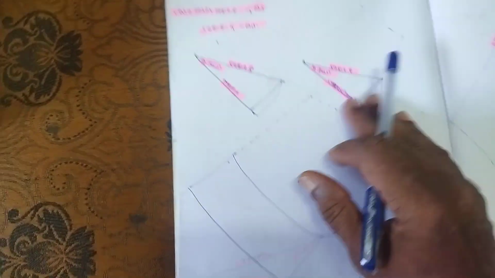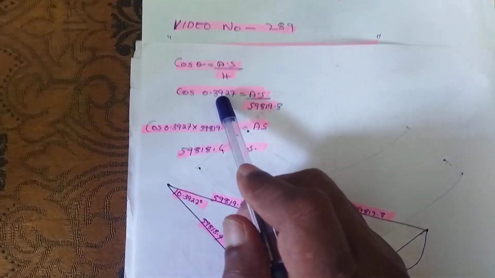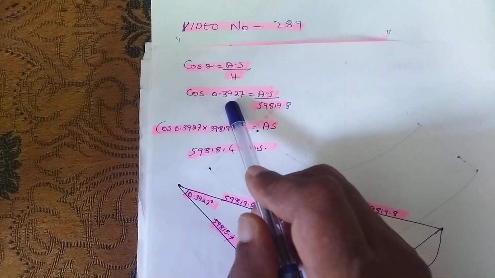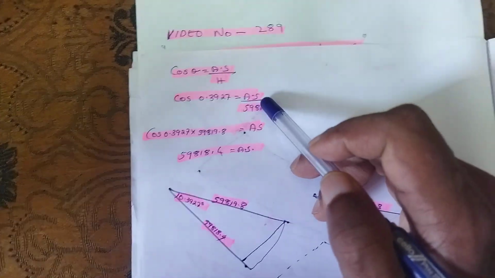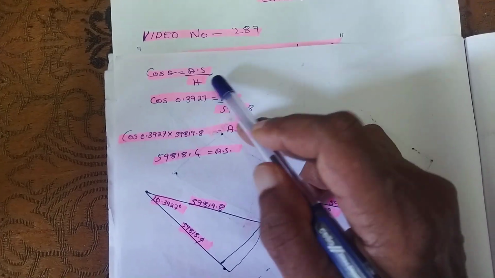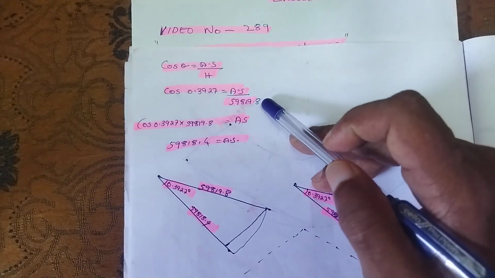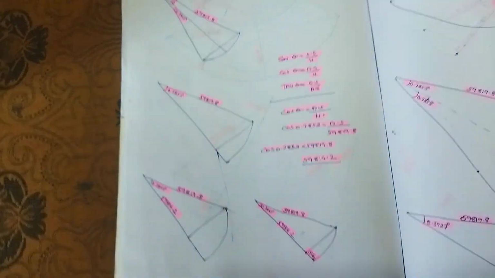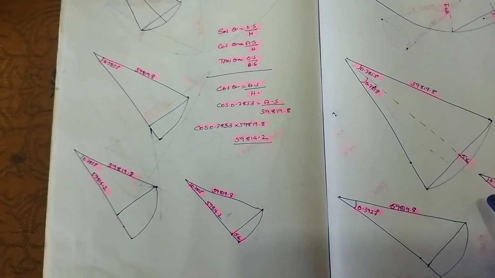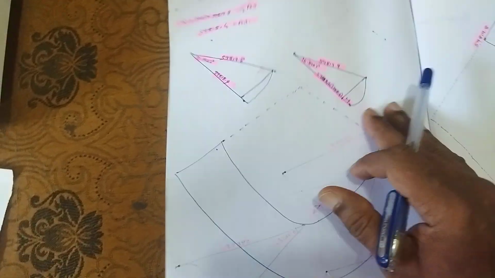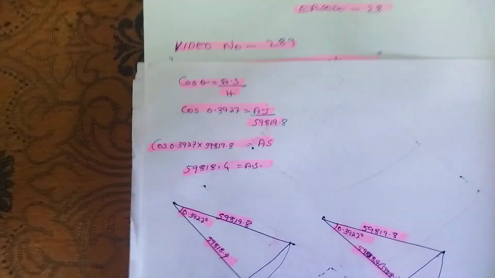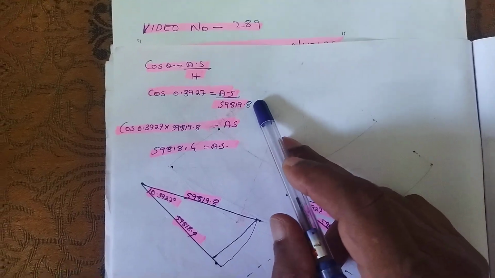So instead of theta we write cos 0.3927, and the adjacent side we have to find out, so we write adjacent side, divided by the hypotenuse, which was earlier 59,819.8. Okay, we have written it.